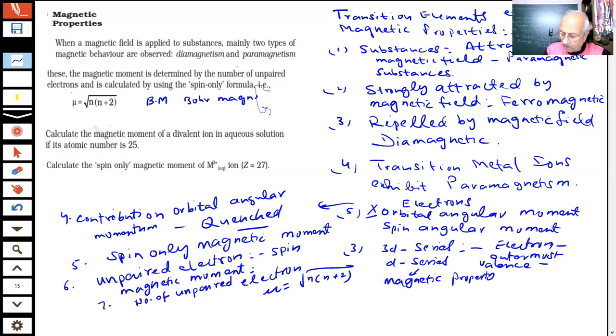BM is Bohr magneton, students. In physics, you will study more about it.